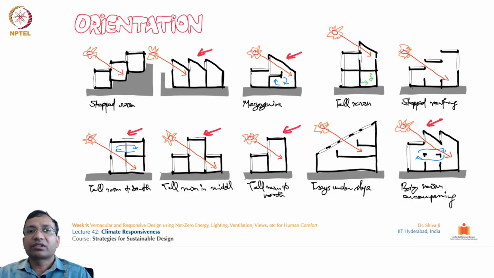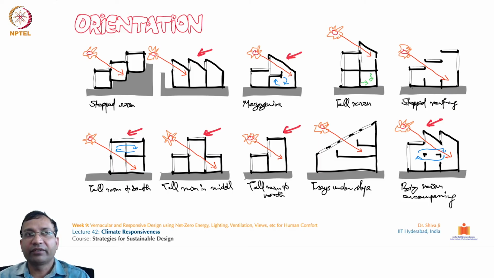So this illustration talks about orientation, like how well we can allow the sunlight to get in. Several kinds of solutions are possible. It depends on the site conditions, which suits the most. Or maybe we can devise our own innovative ways of adapting these strategies.